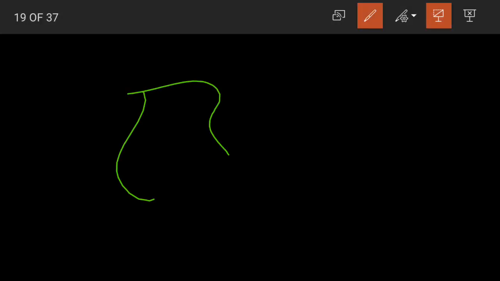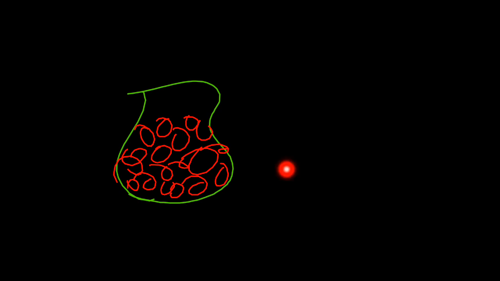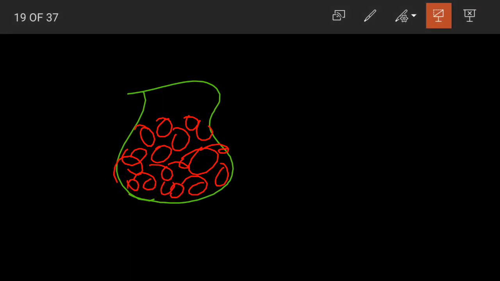Suppose you see a big jar filled with so many stones. Now when I ask how many stones do you think are there in the jar, what will you say?